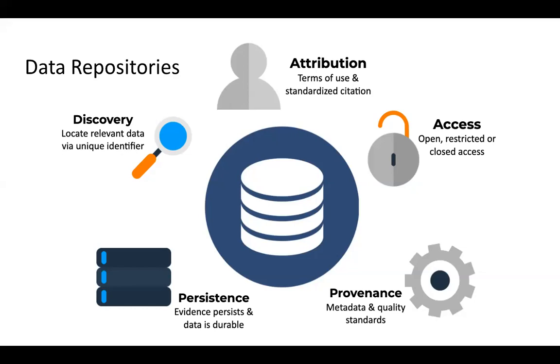And repositories offer many other features and services, such as legal aspects and policy for governing the terms of use on data, providing metadata and quality standards to help with standardization and discovery, and ensuring data persists and is in durable formats for the long term. But today we are really focusing on the attribution aspect.